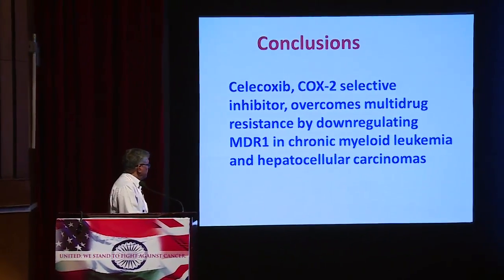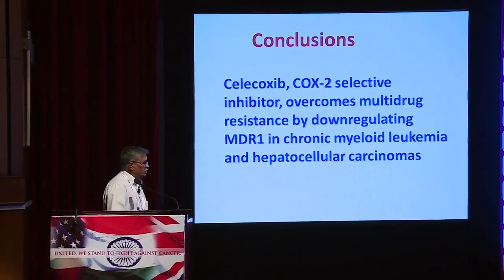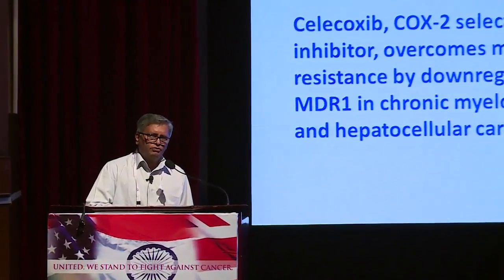I have not presented the data here with reference to hepatocellular carcinoma. In doxorubicin-resistant hepatocellular carcinoma, we have also shown that COX2 and MDR play an important role. Inflammation plays a major role. So use of anti-inflammatory drugs along with the standard chemotherapeutic drugs would be a good strategy to overcome drug resistance.